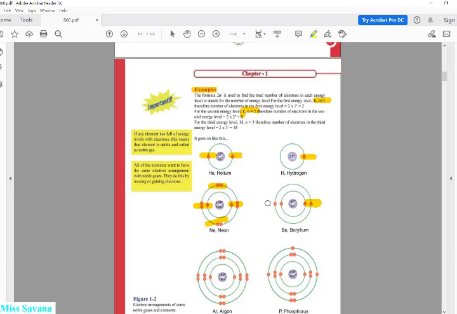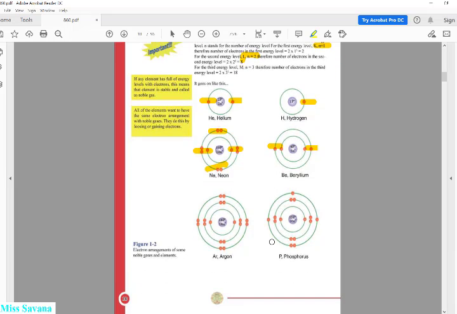So this one is stable. As you can see, beryllium is not stable. Same idea for argon, which, as you can see, has full energy levels of electrons. مستوى الطاقة energy level مالته متروس بالإلكترونات, but as you can see, phosphorus requires 3.